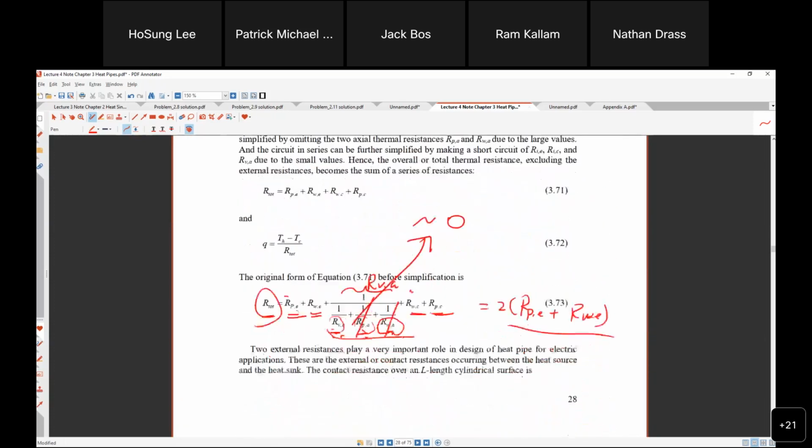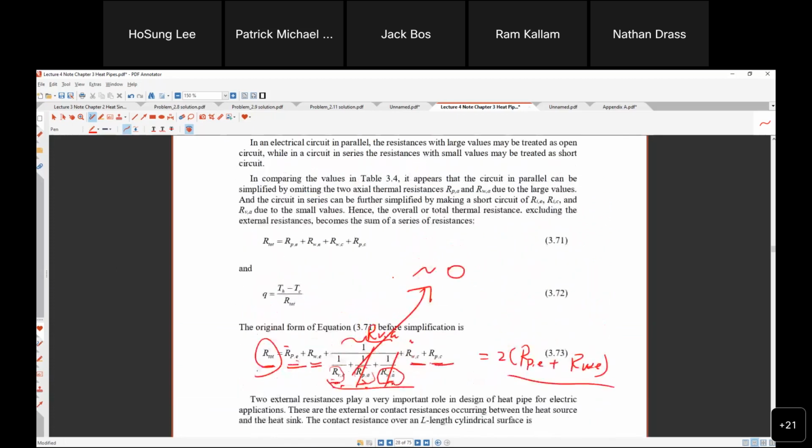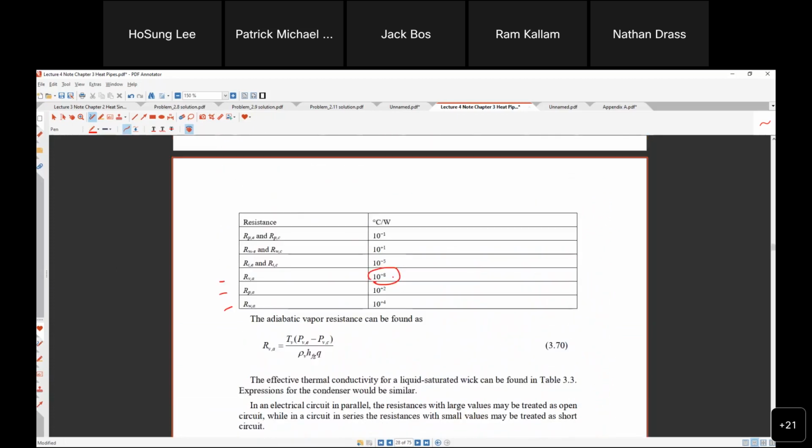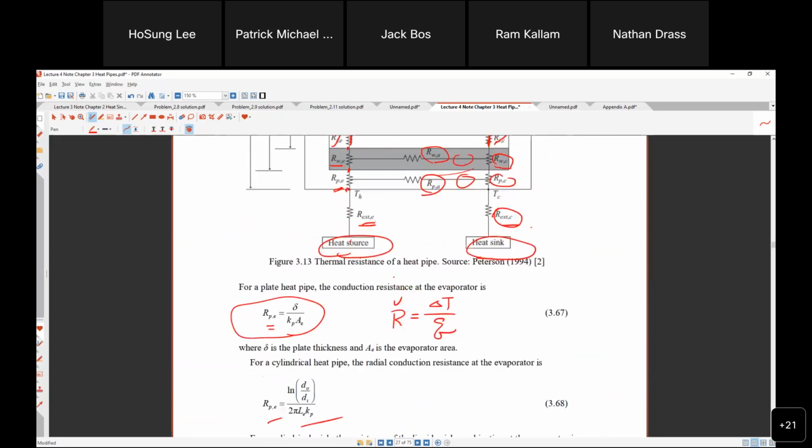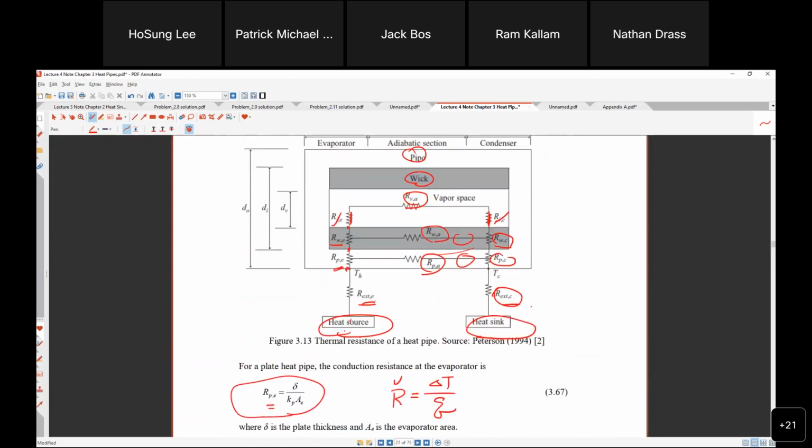If you look at this, it is temperature, everything is temperature.